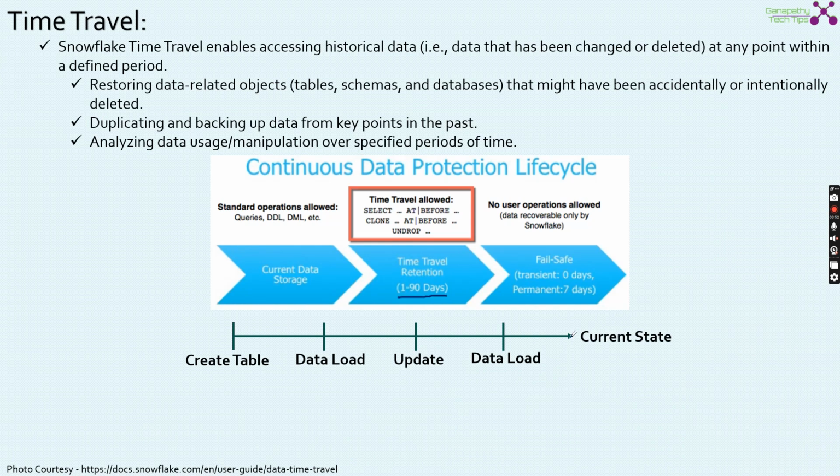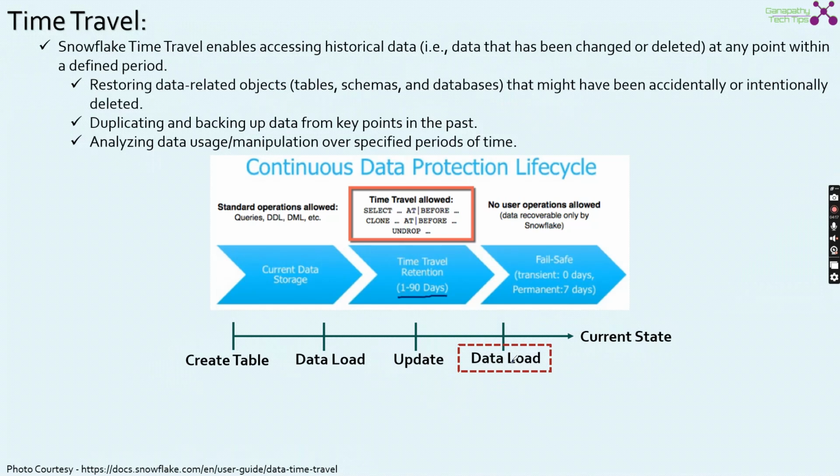Now we are on the current state, meaning we are on this position. What has happened is we suddenly understand there is a problem with the last data load. So the ETL pipeline which loaded the data onto the table is having a problem. Some amount of noise or invalid data got added to your table.